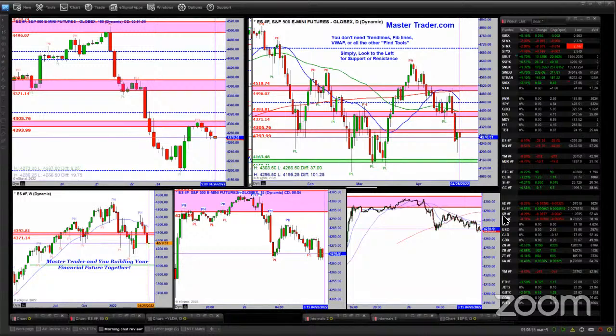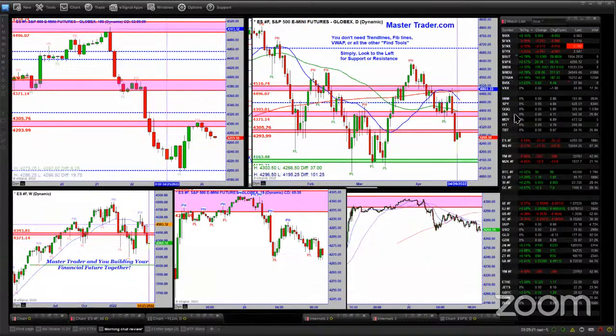Having the ability to do 0 DTE every day, days to expiration, you do something that day, it expires that day, we're done with it. We don't have any gap risk, especially with a futures contract. Yeah, they move fast, but we do the same thing that we do. Where's the premium? Where's support? Where's resistance? And so on. How far away can we get it? Is there premium?